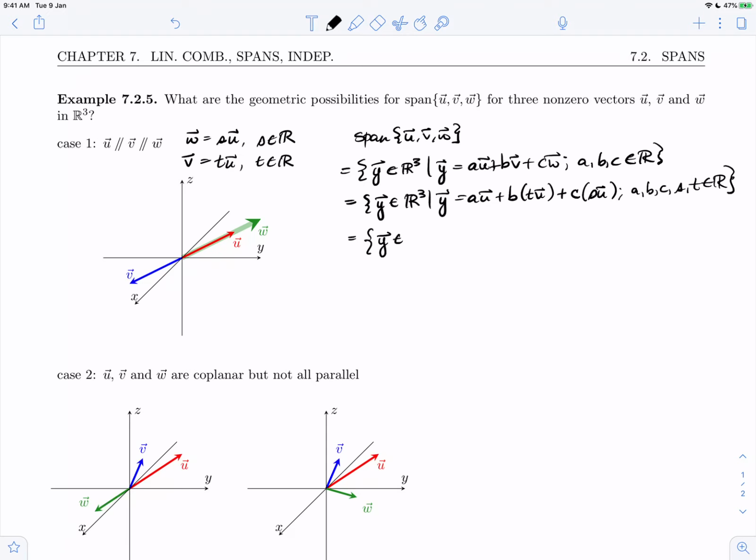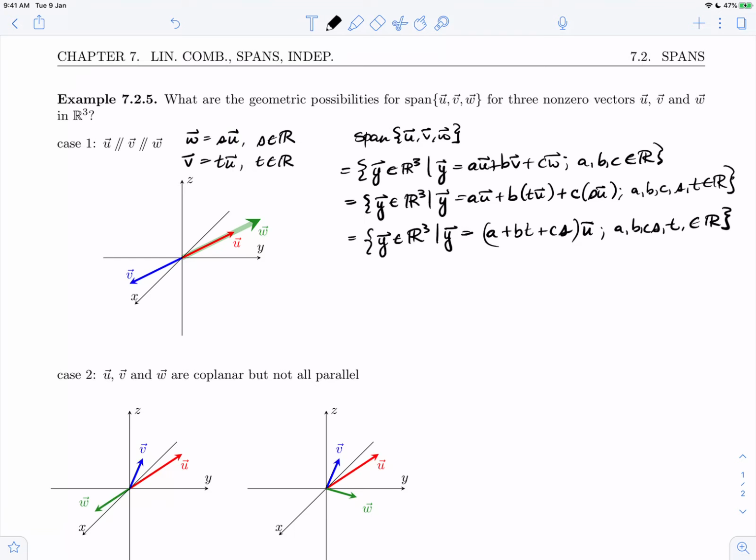The span of u, v, w is therefore all y that can be written as, and we can factor out all of these constants, a plus b times t plus c times s, times vector u. Again, we have a, b, c, s, and t in the real numbers.